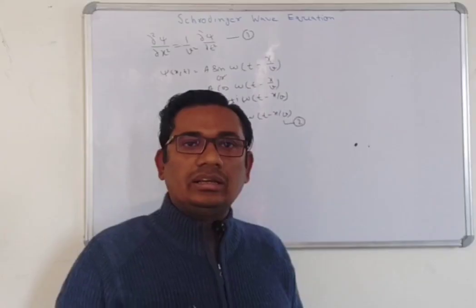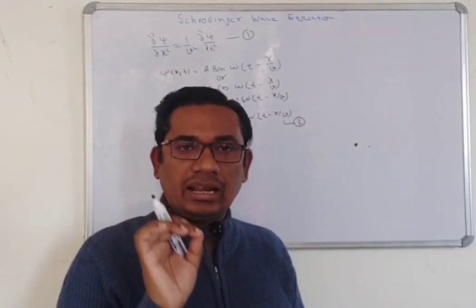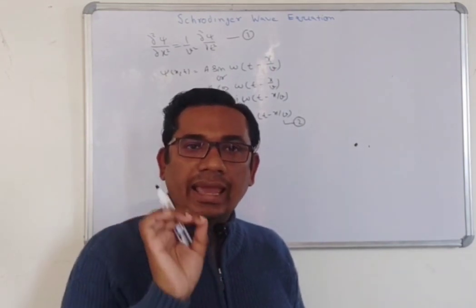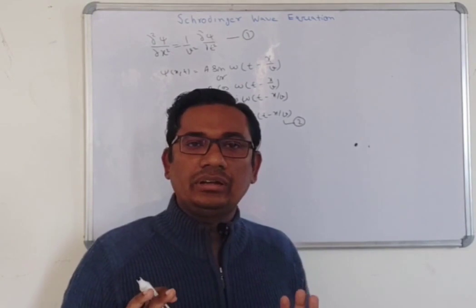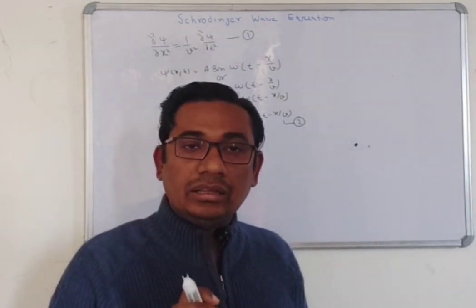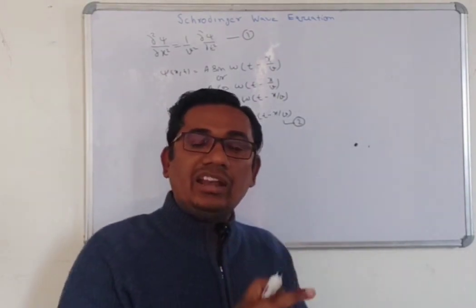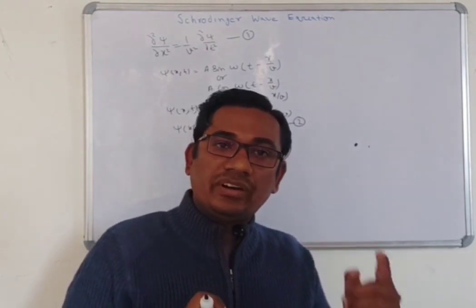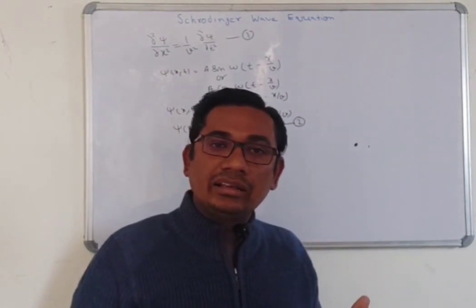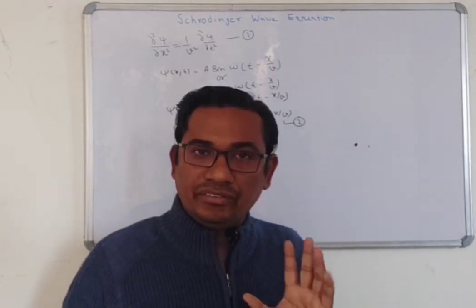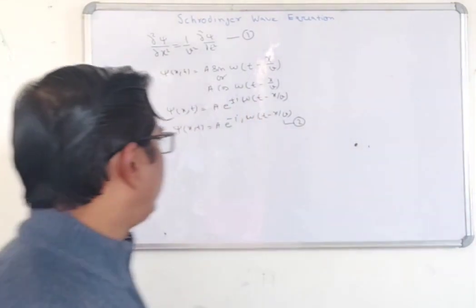Now Schrodinger suggested that the wave function can be represented simply as a wave function, but the energy and wavelength of the wave function can be represented by the Planck constant and the de Broglie wavelength. What does it mean?